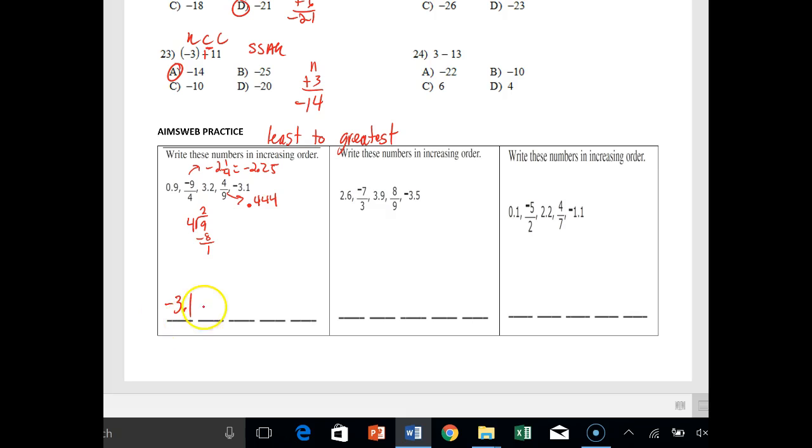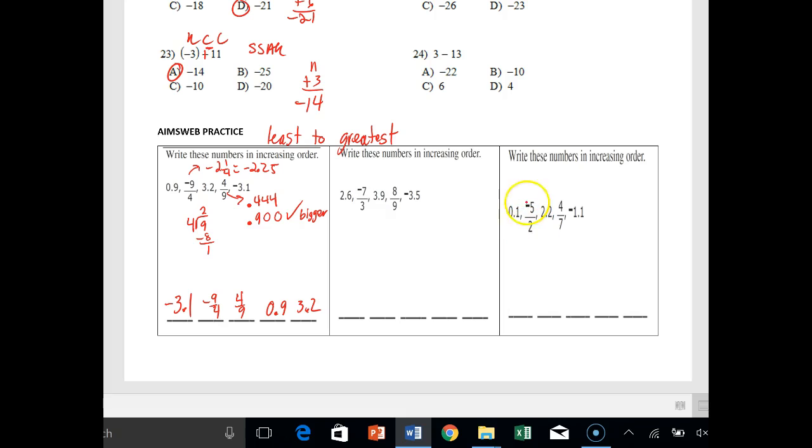The next most negative number is negative 2.25 or negative 9/4. After that, I have 0.9 versus 0.44. Well, here's 0.9, and then I put in zeros. Which one's bigger? Well, 0.9 is bigger, so it's 4/9, then 0.9, and then 3.2.